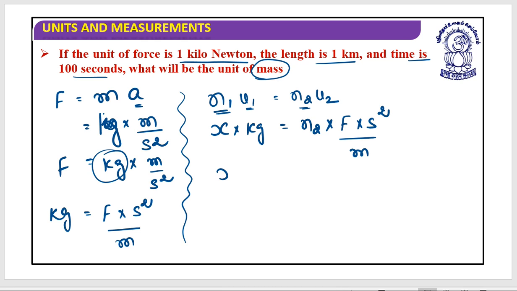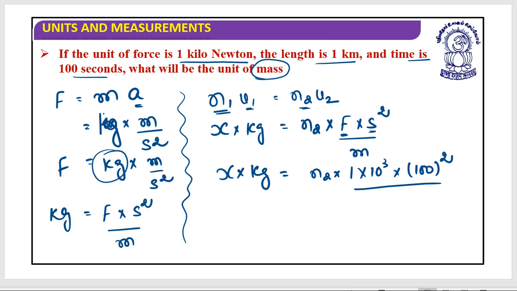So now x multiplied by certain kgs would be equal to n2 multiplied by force. It is 1 kilonewton, so 1 into 10 to the power 3 multiplied by seconds. Here time is measured in 100 seconds, so this is 100 to the power square divided by length. It's 1 kilometer, so again this is 10 to the power 3 meter.